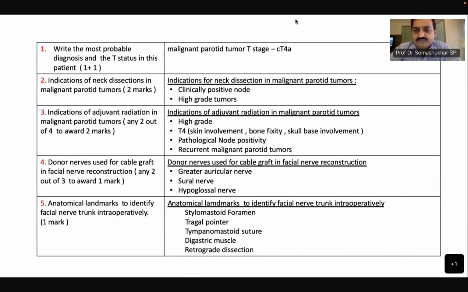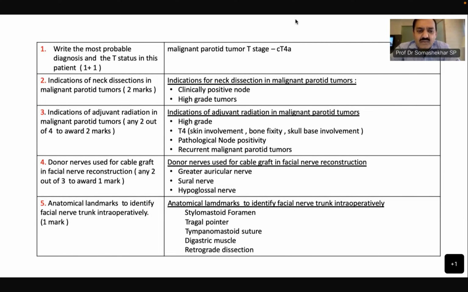High grade tumor, T4, like this case, skin involvement, bone fixity, skull base involvement, pathologically positive nodes, and recurrent malignancy. You operated a malignant tumor, it was cured, and it comes back again. Then you go back and excise it, like you do skull base surgery and parapharyngeal surgery. It is bulging on the tonsil. There you give post-surgery adjuvant radiation. Okay: high grade, T4, pathological node positive, recurrent.